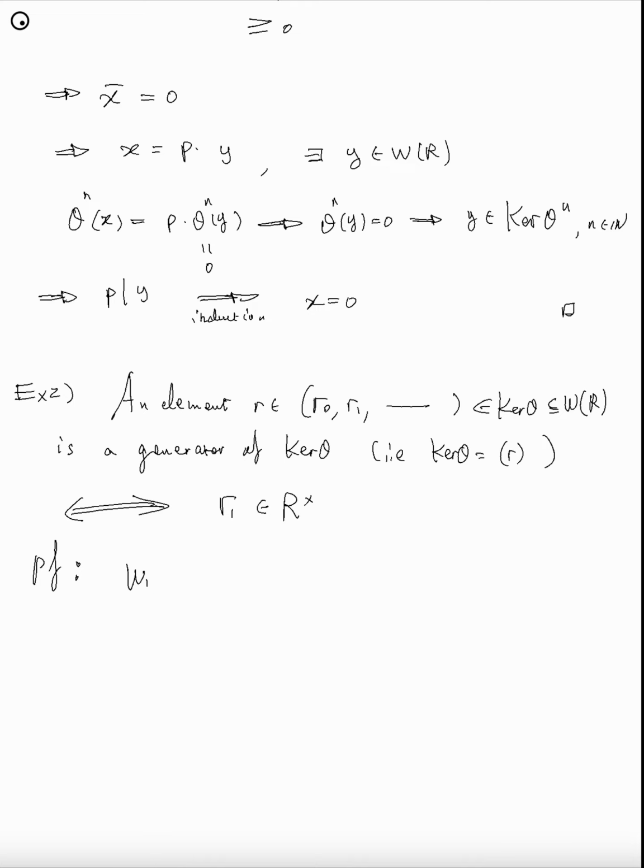So let's write the general form of an element of the kernel of theta. Because we know it's principal generated by C, let's write it as C times some element x, with x_0 being 1.